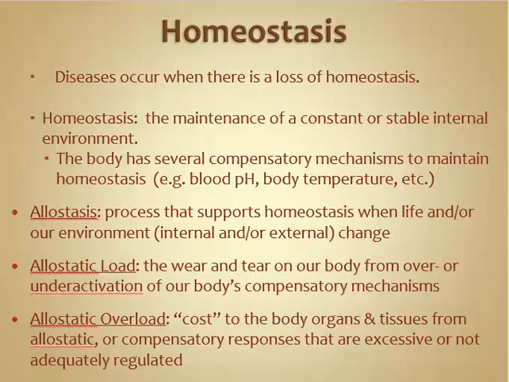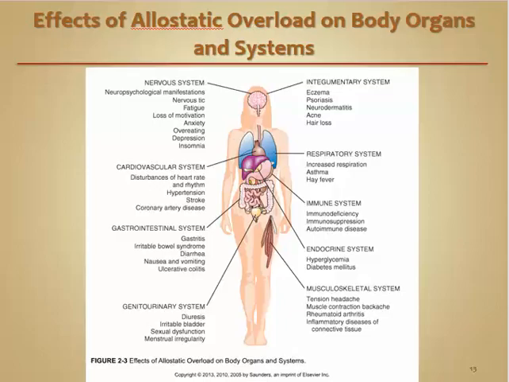The allostatic load is the ventricle actually getting bigger. An allostatic overload is when the ventricle becomes so enlarged that the lumen starts to decrease, and now it has turned into a disease. So there can be all kinds of allostatic overload on different organs and different systems.